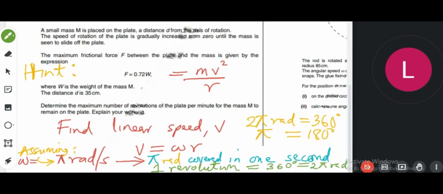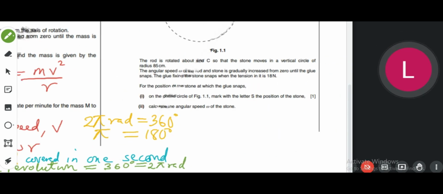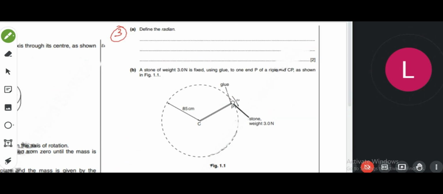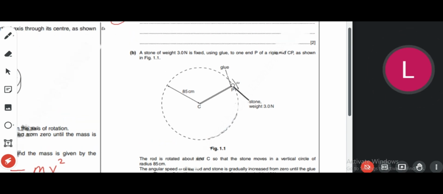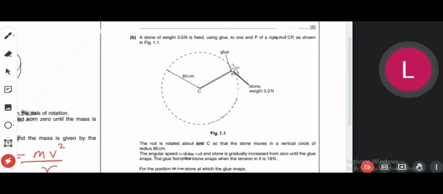Another question similar to this asks for the definition of a radian. I have defined radian as length of arc over radius. Now a stone of weight 30 Newton is fixed using a glue to one end P of a rigid rod CP as shown.